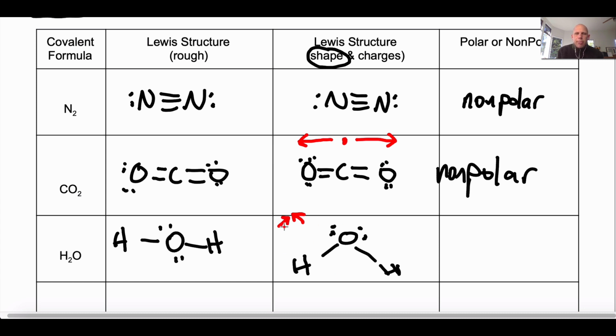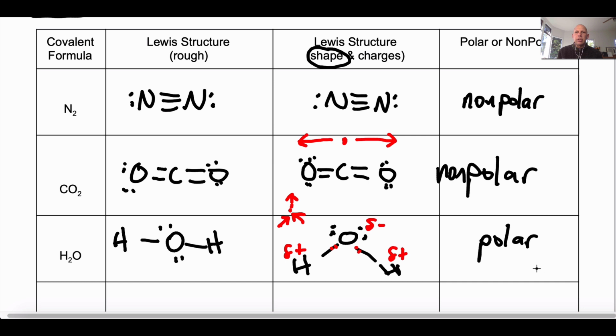Would these dipole arrows cancel? It turns out they don't. You're going to have an overall molecular dipole going in that direction. They would cancel if they hit each other head to head. So we keep the partial charges: partially negative on the oxygen because it pulls harder on those electrons, and partially positive on the hydrogens. The overall molecule is polar.